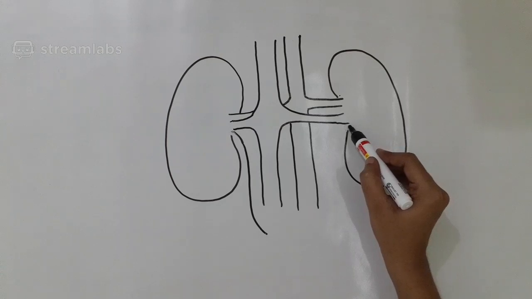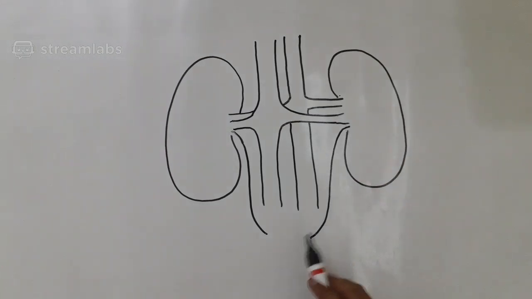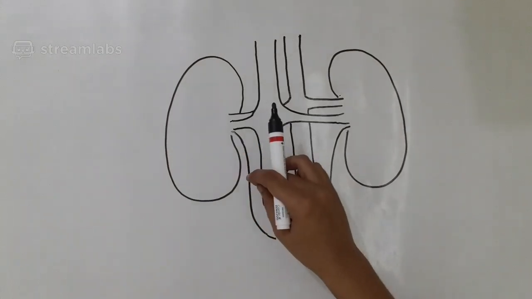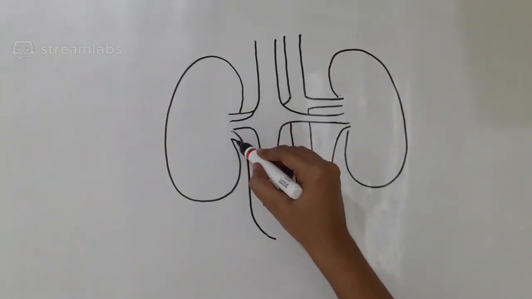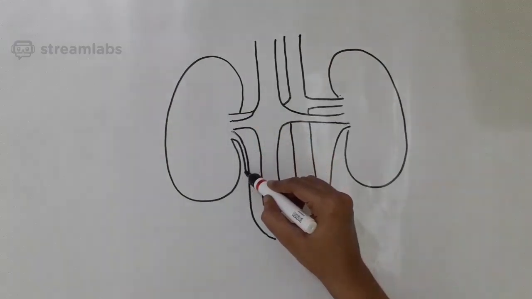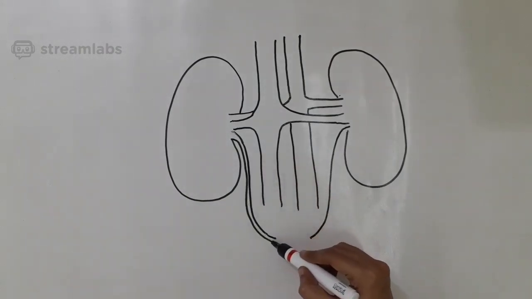Along with this, I'm making the organs which are included in our excretory system and how they help in removal of the excretion nitrogenous waste from the body.